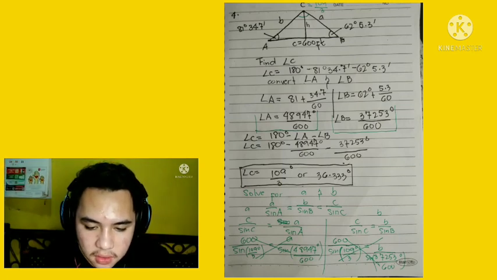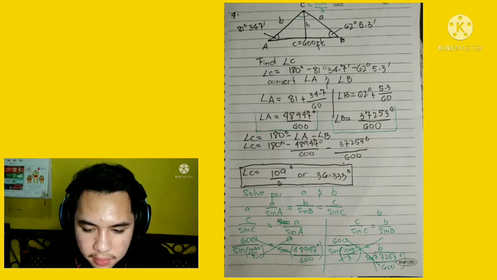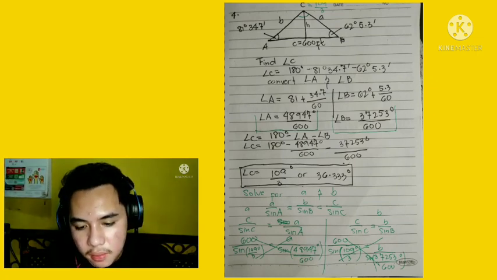Angle C is equal to 180 degrees minus 81 degrees 34.7 minutes minus 62 degrees 5.3 minutes.